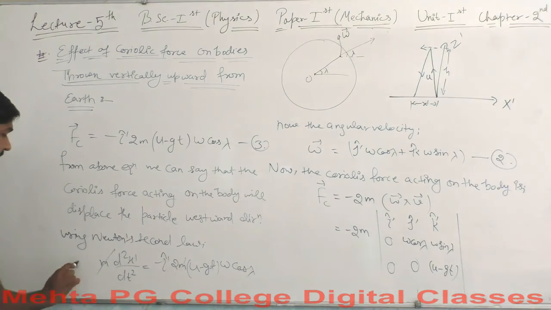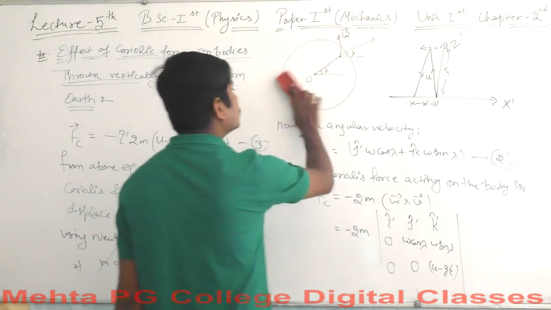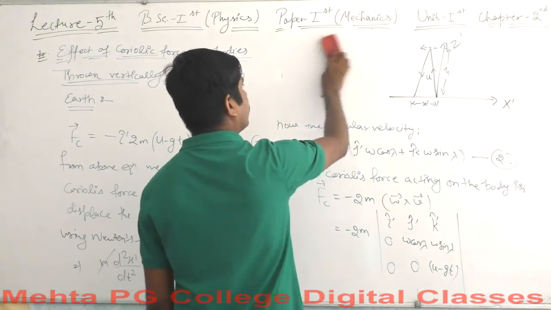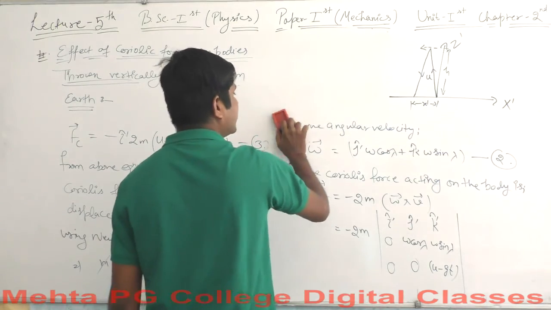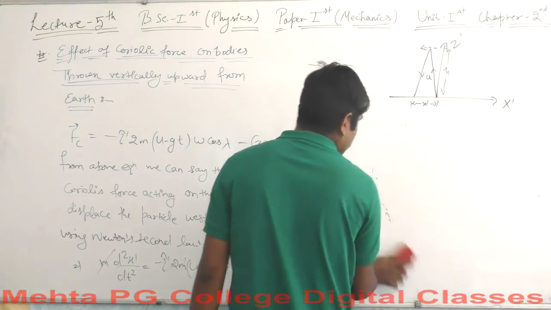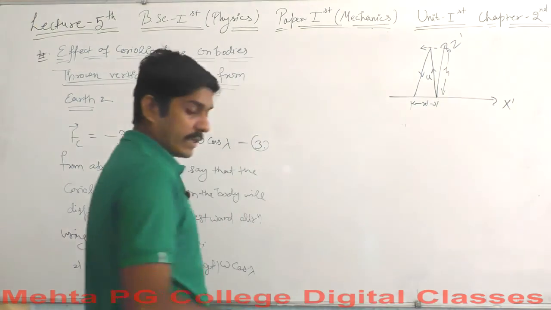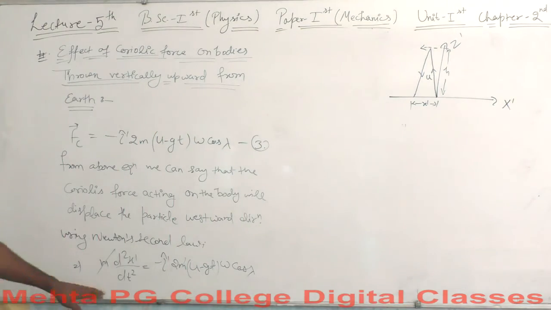Cancel this m with this m. Okay, I think I need much more workspace here. This particular figure is no longer needed, and these equations are also no longer needed. Okay, so we got this equation here.